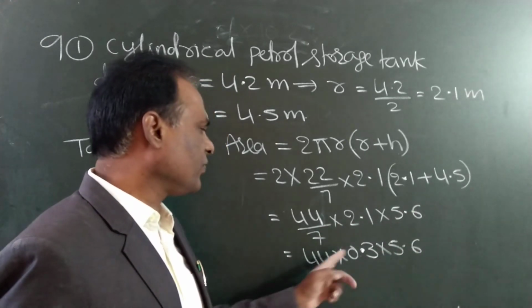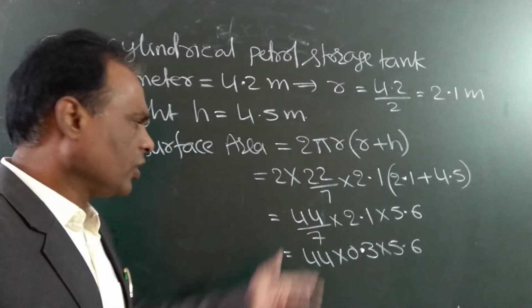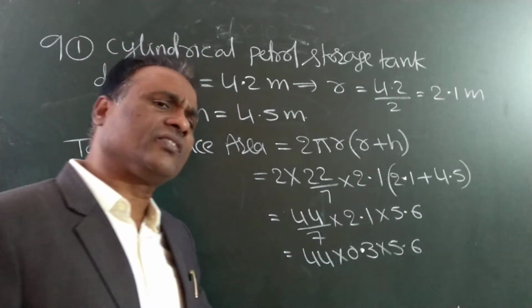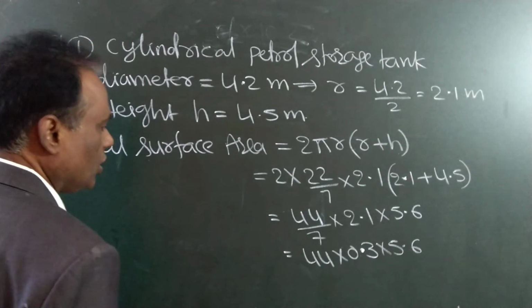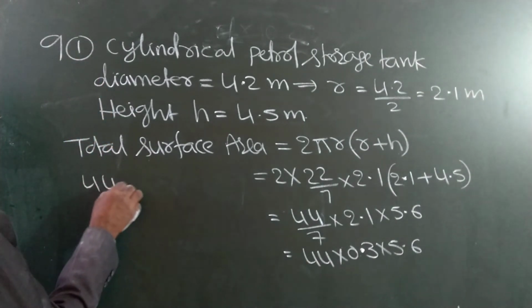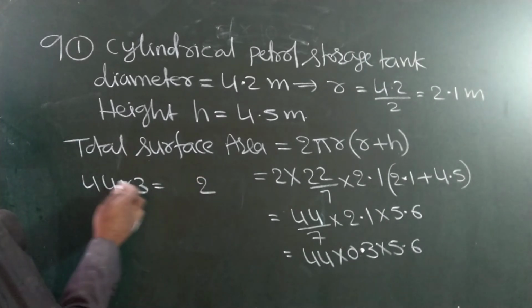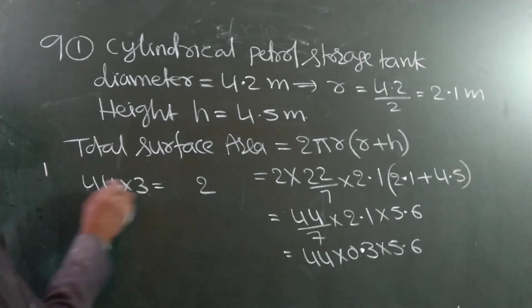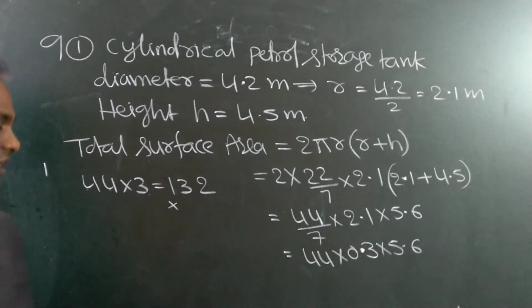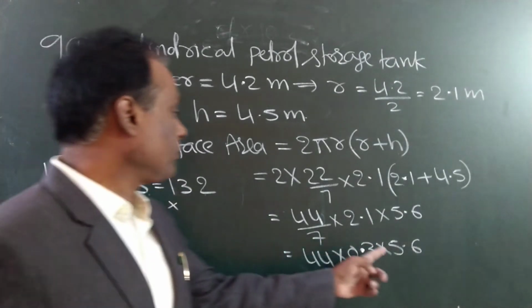You multiply 44 into 3 into 66. You remove the decimal and multiply. After getting the answer, we can keep the decimal. 44 into 3, 132 into 66.